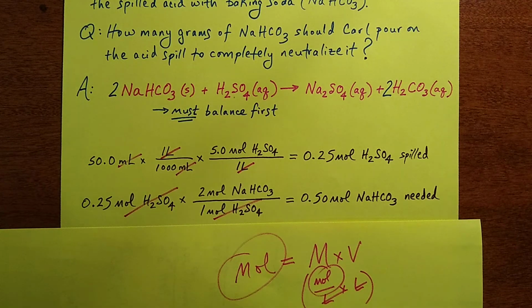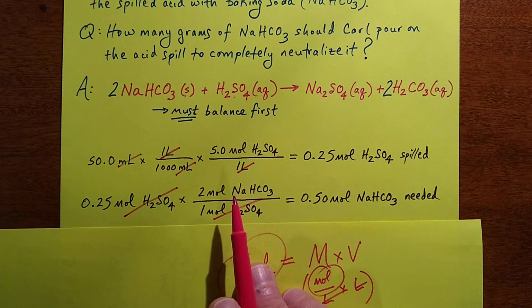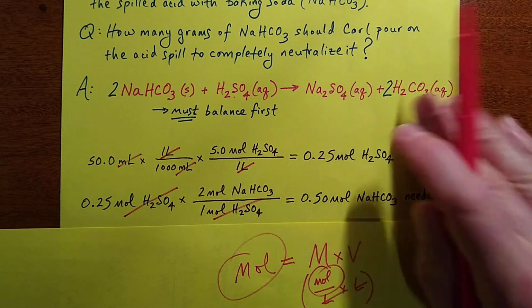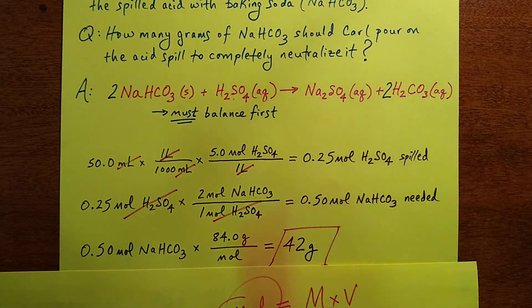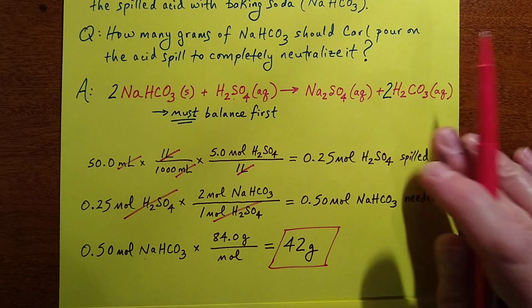So now I have that. I'm almost there. How many grams do I need? Well, just convert this to grams. 0.50 moles of baking soda, NaHCO3, multiplied by the molar mass. Add up a sodium atomic mass, a hydrogen, a carbon and 3 oxygens, you get 84. So 0.5 times 84 is half of 84, 42 grams.